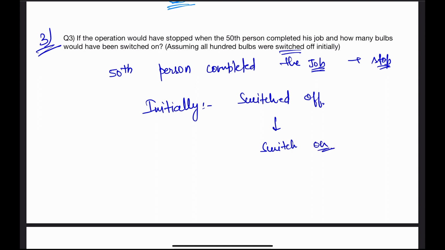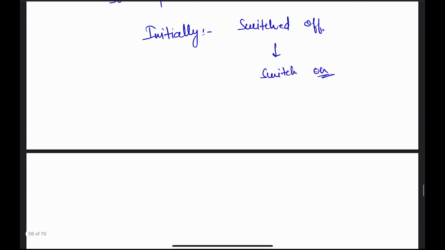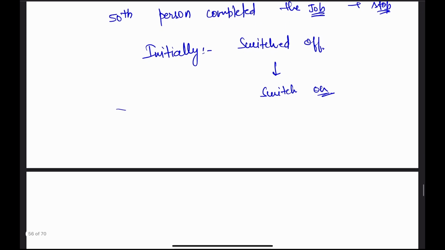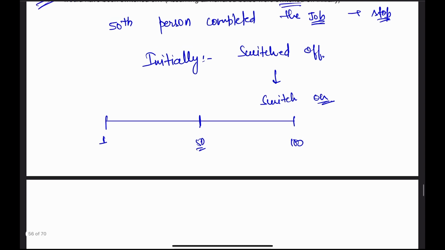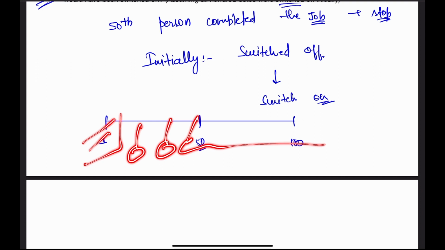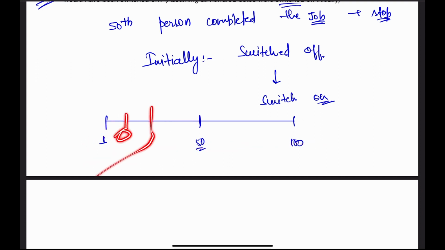So first thing first, suppose that this is the queue, this is the passage. This is the first bulb, this is the 100th bulb, and somewhere in the middle it will be the 50th bulb. So what is happening? The first person is coming, turning on 1, 2, 3 and everything. The second person won't bother about the first one, he starts with the second and does the job. The third person won't bother about the first and second, likewise.